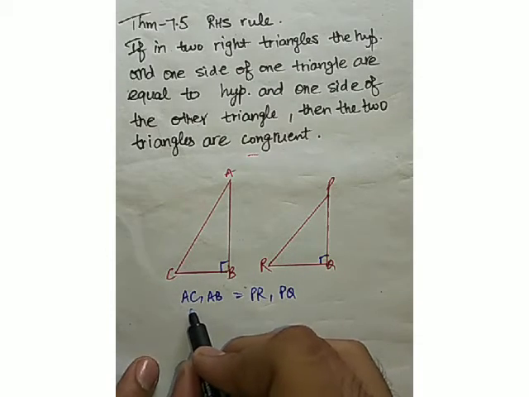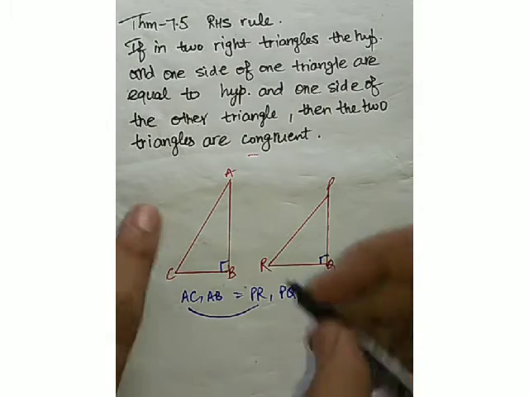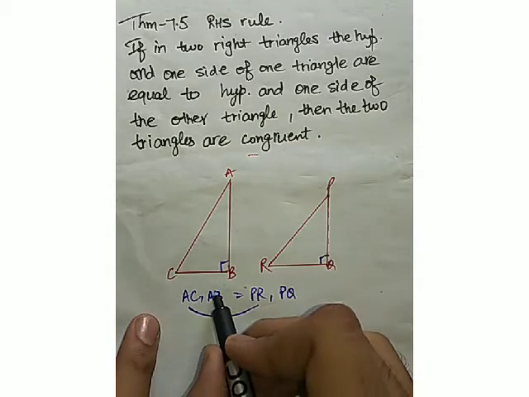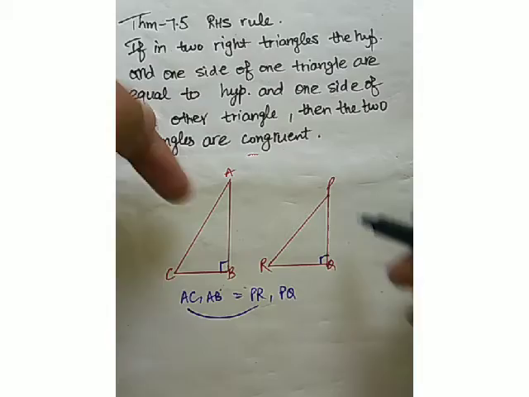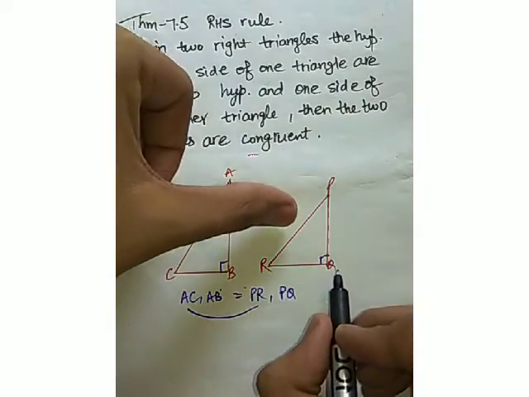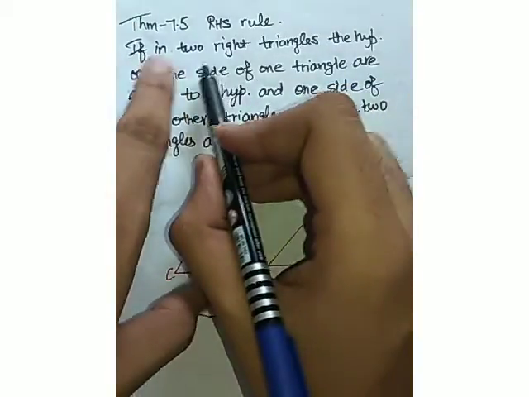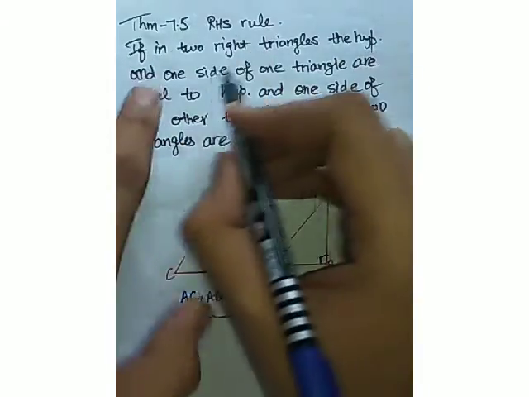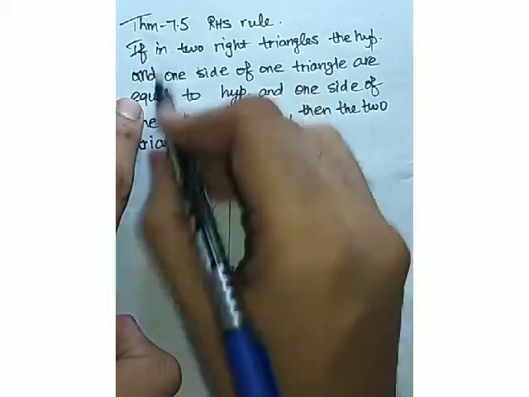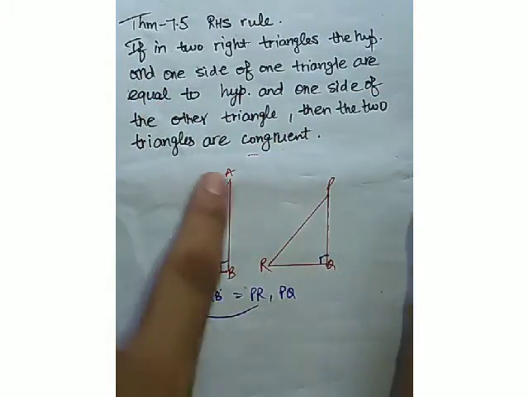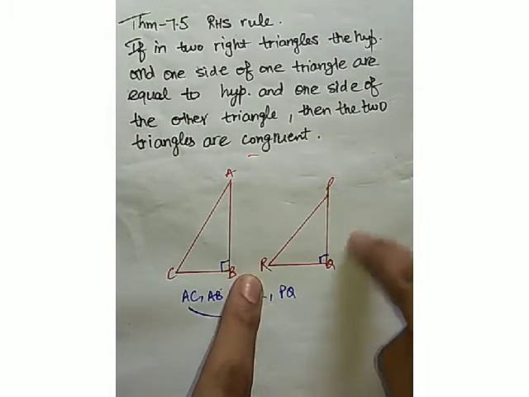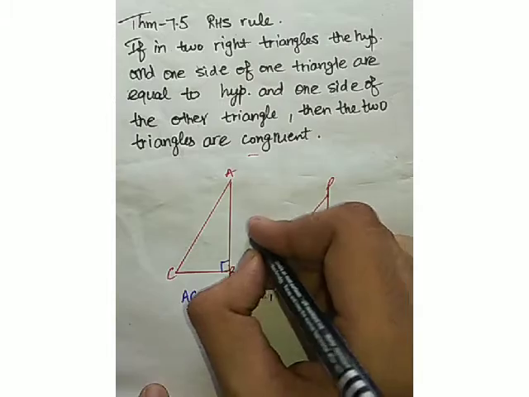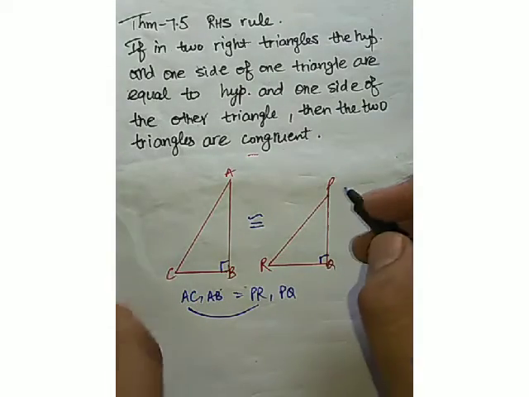It means AC must be equal to PR because these are hypotenuses, and AB must be equal to PQ. Now AB can also be equal to PQ and CB can also be equal to RQ, because it states that in two right angle triangles, the hypotenuse and any one side of one triangle are equal to the hypotenuse and one side of the other triangle, then the two triangles are called congruent triangles.